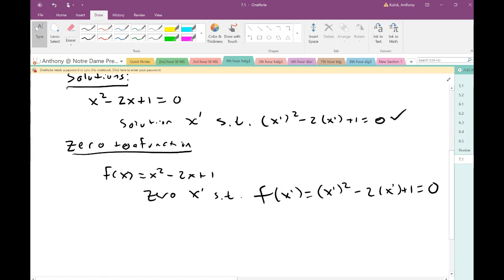And you can see clearly that if the polynomial is the same, it would be the same value of x.